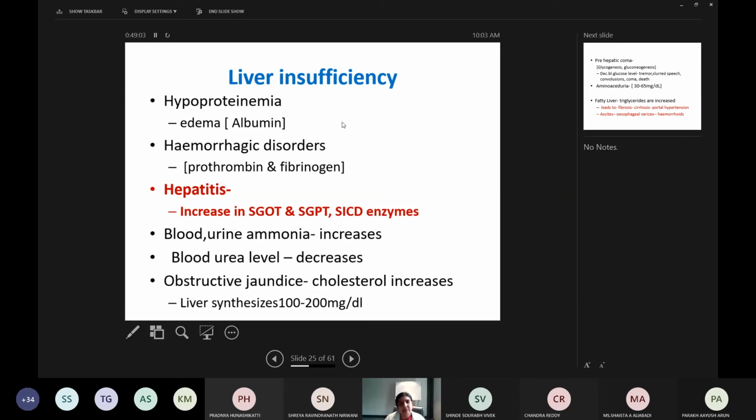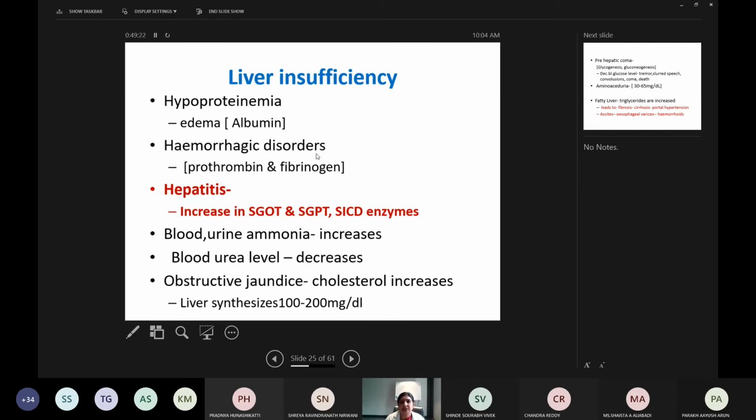Then the albumin globulin ratio gets reversed. So in liver disorders, the AG ratio, albumin globulin ratio, gets reversed because albumin synthesis is severely affected. Then there will be many hemorrhagic disorders.